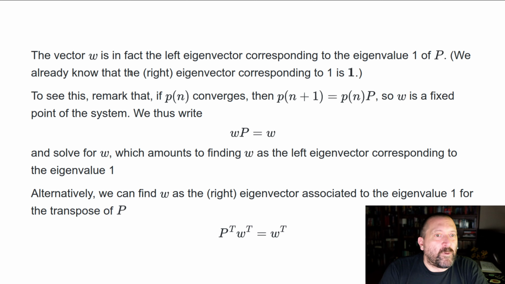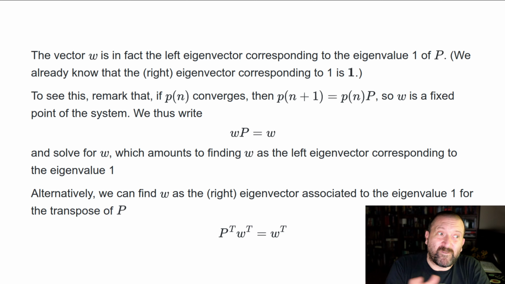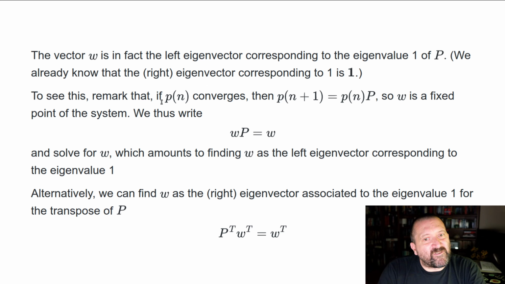So the W that we're looking for is actually the other eigenvector, the left eigenvector this time, corresponding to the eigenvalue 1. And this is simple to see. So suppose that the system converges.